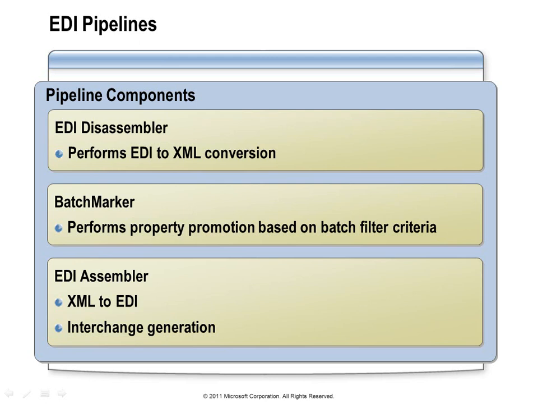We also have the EDI assembler on the sending side, where we can take an XML document that matches an EDI schema and serialize it out to EDI, generating any of the interchange information. And we have a special component called the batch marker. This is going to perform some property promotion based on certain criteria we can set up in the party information to identify whether or not a particular message is going to be part of a batch. And we'll cover batch processing in a later module.